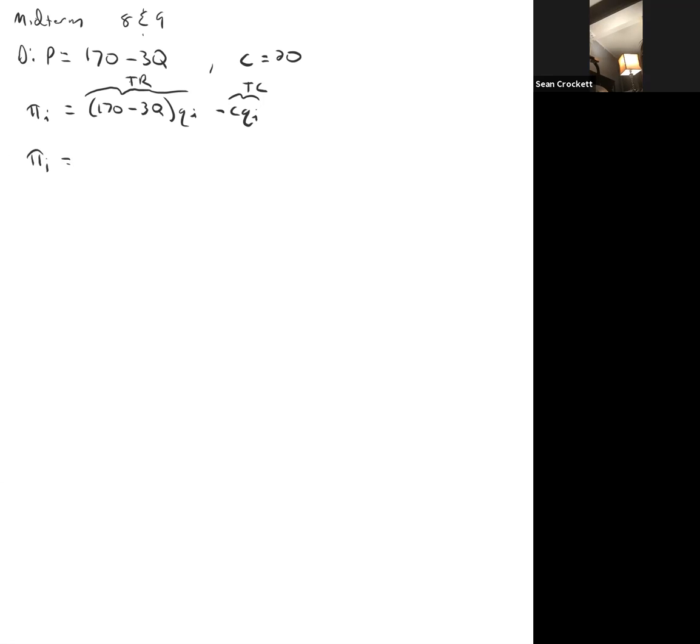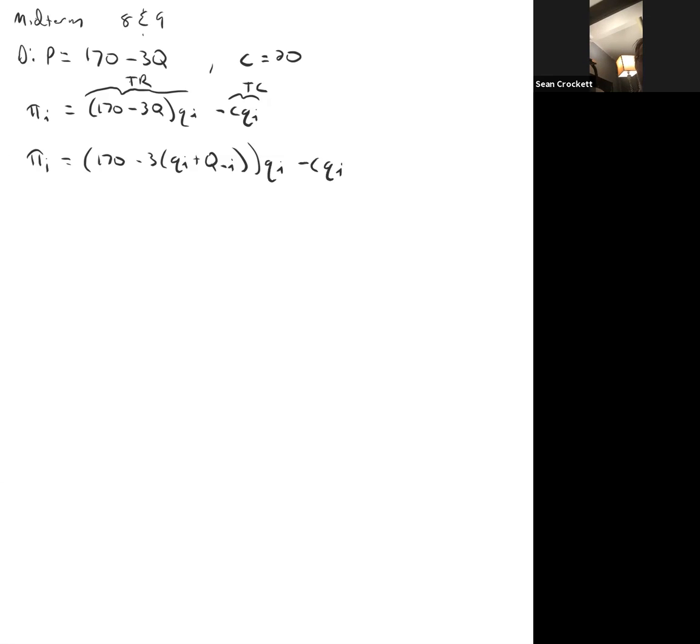And we know that the total quantity in the market is equal to QI plus Q minus I. So profit is 170 minus 3 times (QI plus Q minus I), times QI, minus C QI.